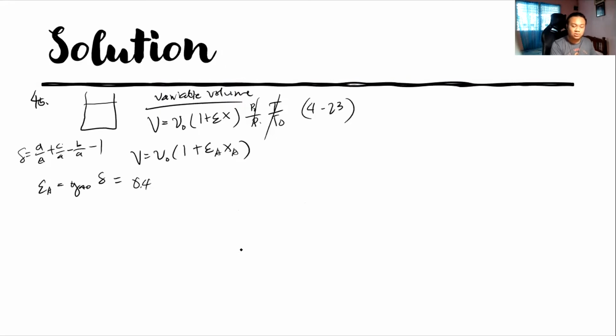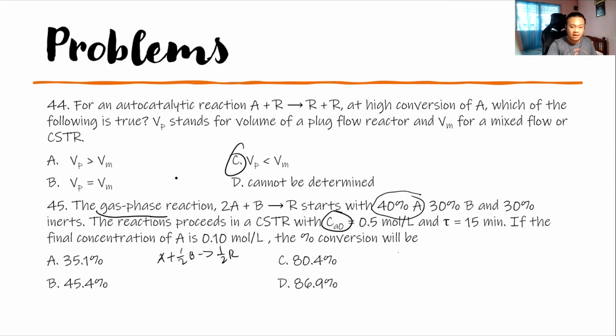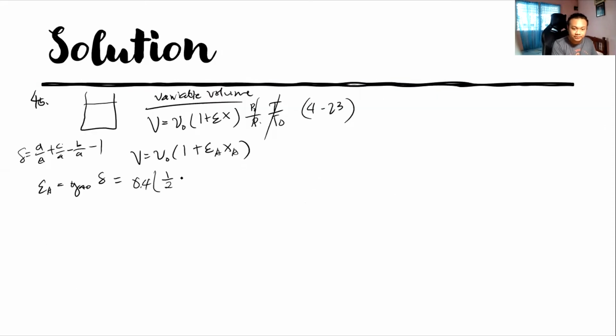So meaning our delta is 1/2 minus 1/2 minus 1. Okay, and then we have negative 0.4.